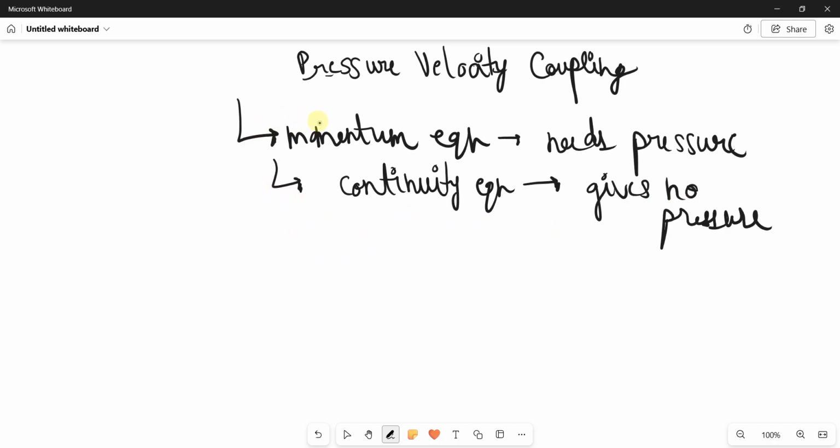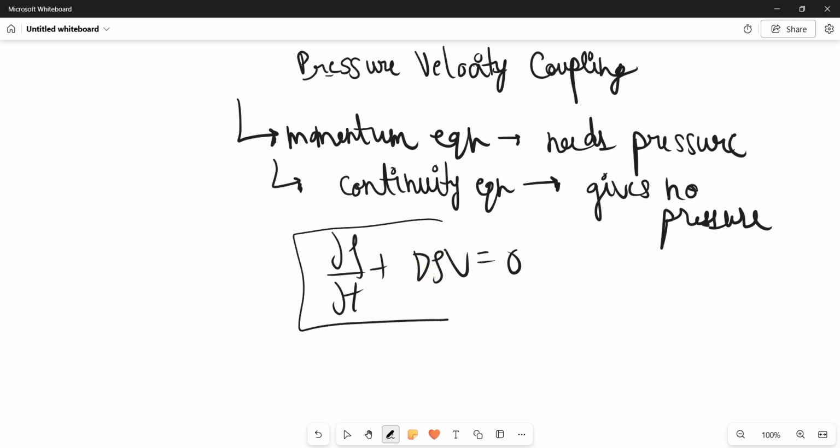So the momentum equation, I have told you how it looks. The continuity equation is just d rho by dt plus del rho v equals 0, right? So this is your continuity equation. Here you can see there is no pressure term involved, and here you have a del p term involved in the momentum equation.